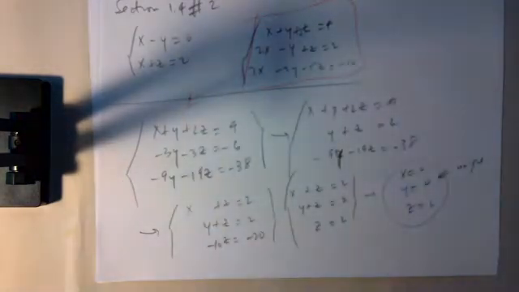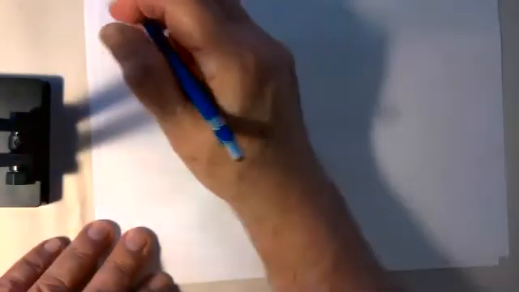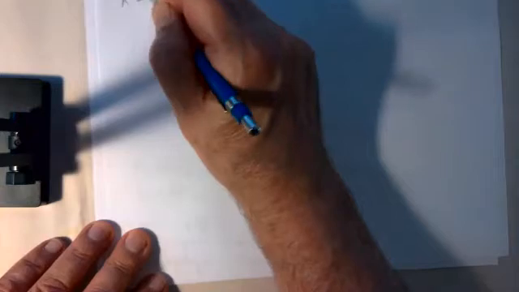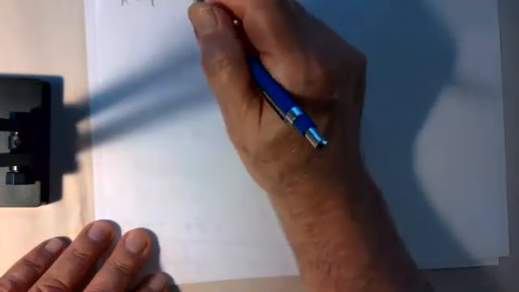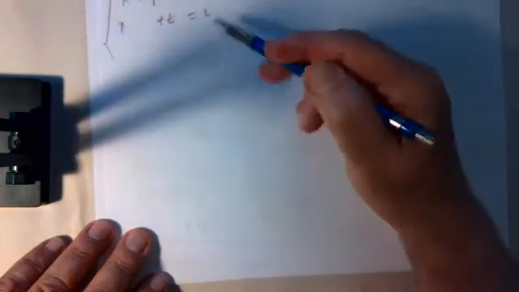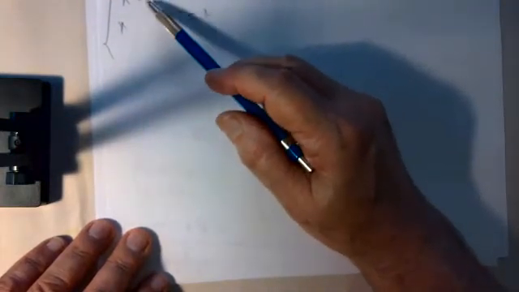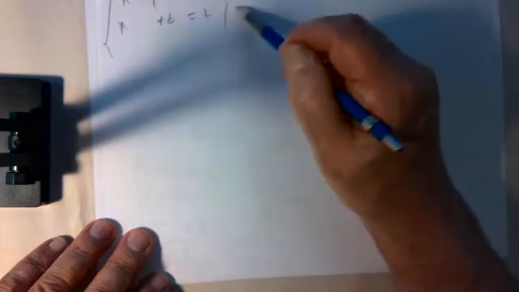What about this? If we want to solve the system x minus y equals 0 and x plus z equals 2, I can eliminate x from this equation by subtracting the first equation from the second.